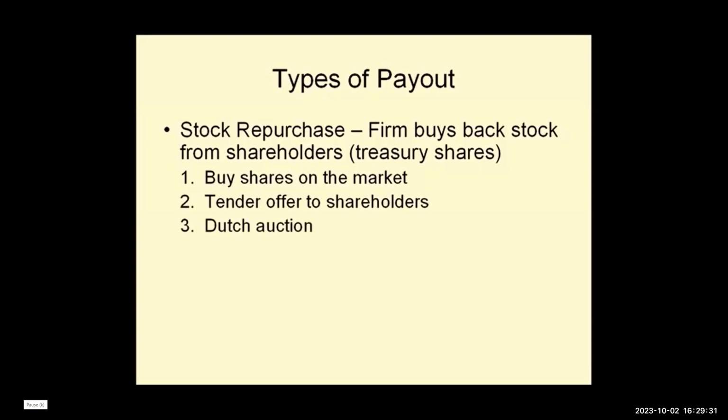It can hold a Dutch auction. The firm offers to purchase shares from its owners at an initial offer price. The price is then lowered until the target number of shares are sold back. Finally, the firm can have a private negotiation with a large shareholder or shareholders, wherein a price is agreed upon and the stock repurchase is effected.